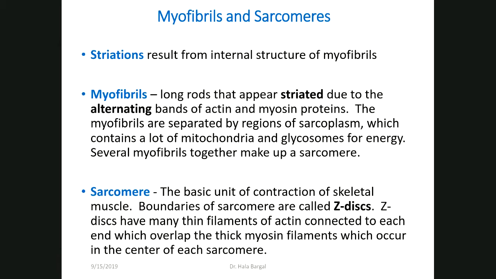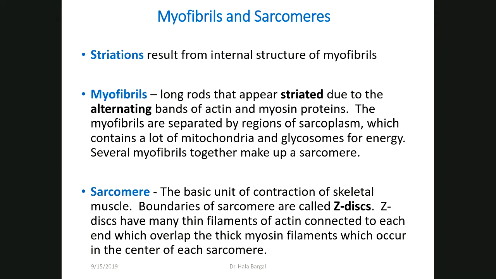Myofibrils are long rods that appear striated due to alternating bands of actin and myosin proteins. The actin and the myosin, these are the two types of proteins which share in the formation of the muscle fiber. The myofibrils are separated by regions of sarcoplasm which contain a lot of mitochondria.